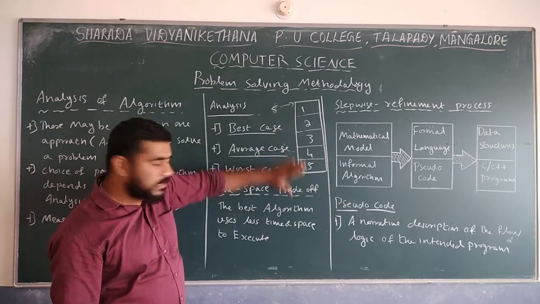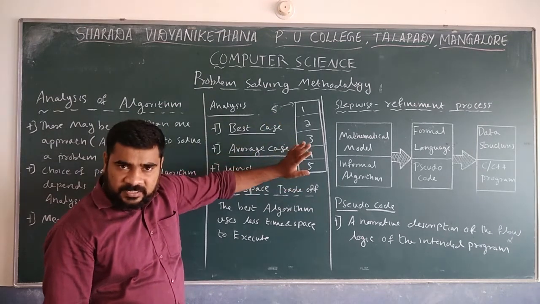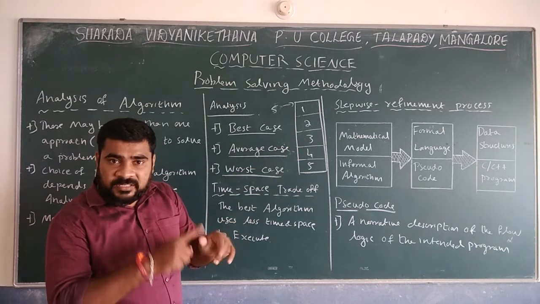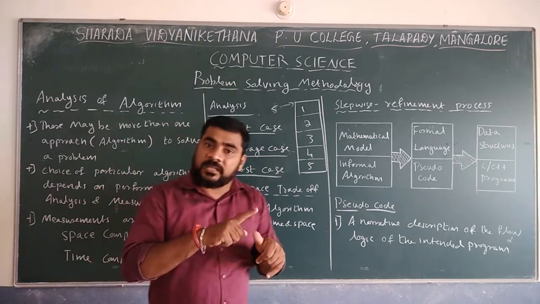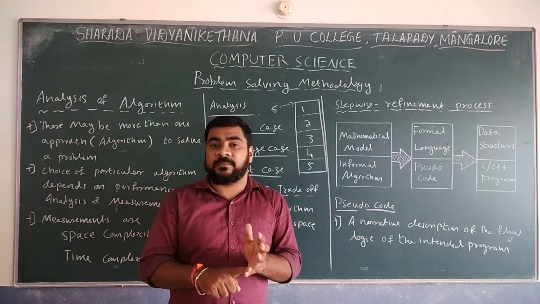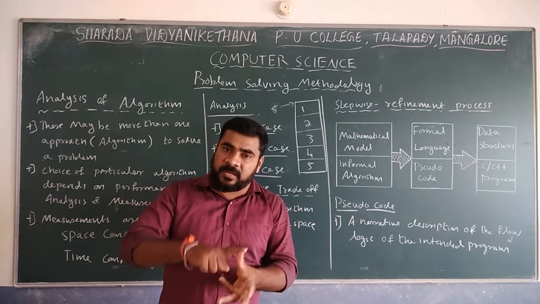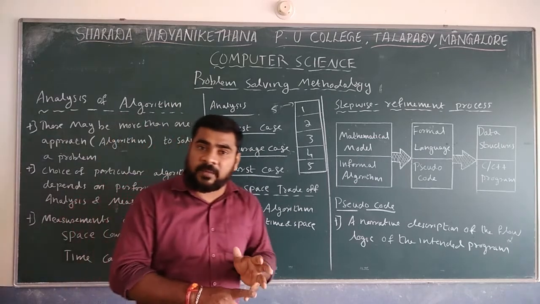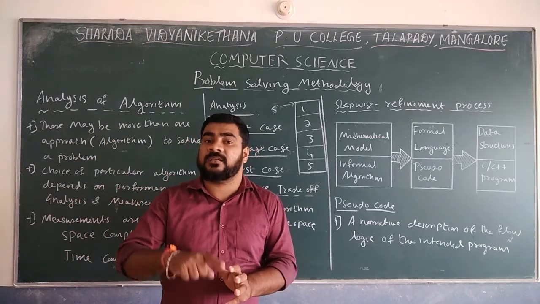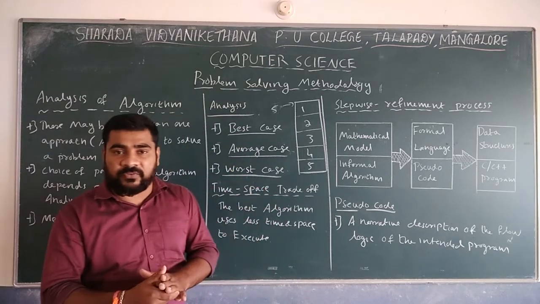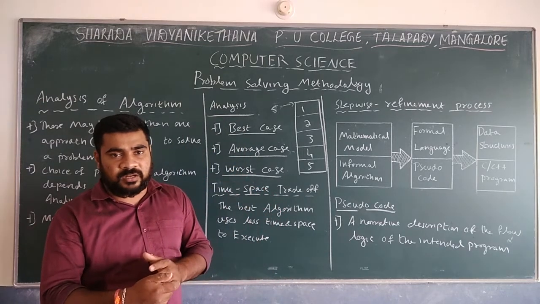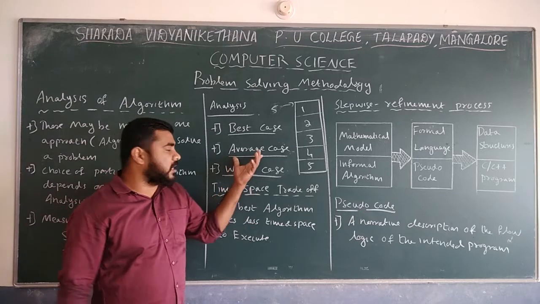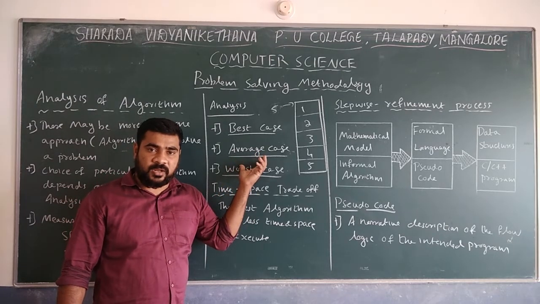The minimum comparison is 1, and the maximum comparison is 5. Whenever the minimum comparison occurs, that is the best case. Whenever the maximum comparison occurs, that is the worst case. In between, if you get 3, 2 or 4 comparisons, those are known as the average case.